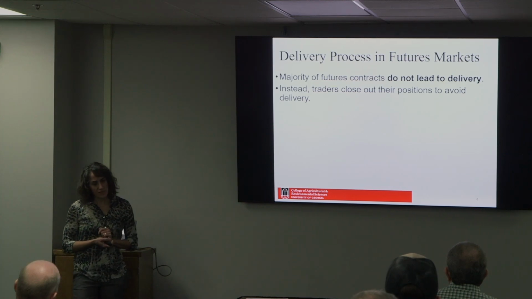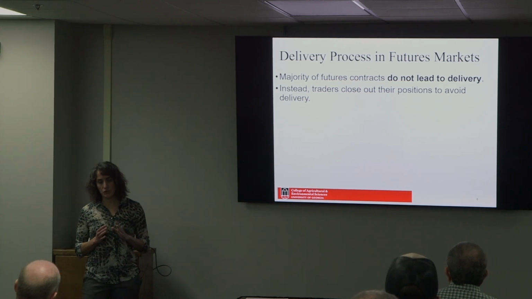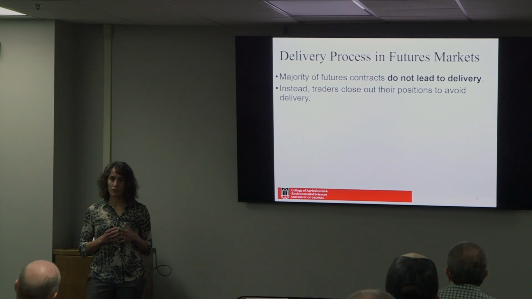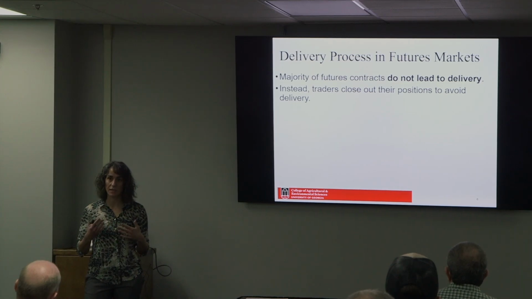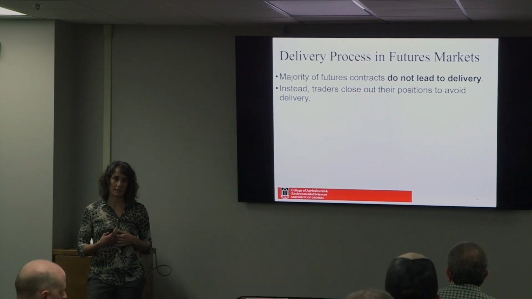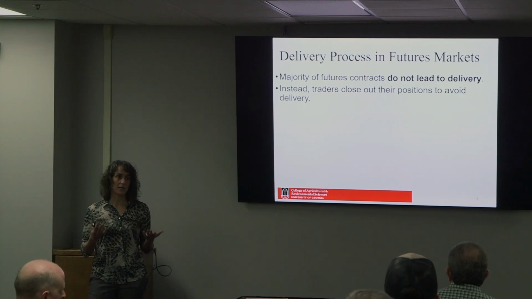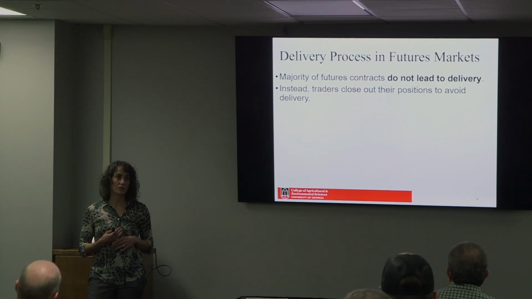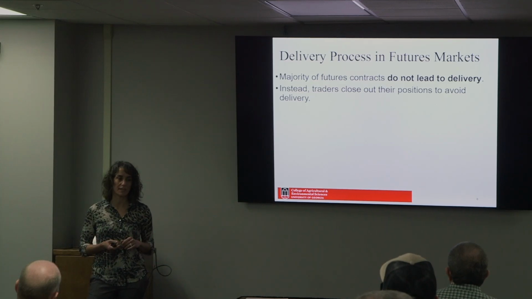Even though the futures contracts on cotton allow for physical delivery, that means if you have a long position, you are taking the delivery of cotton, and if you have a short position as the producer, you are making the delivery. Despite this possibility, futures contracts do not end up with a physical exchange of the commodity.